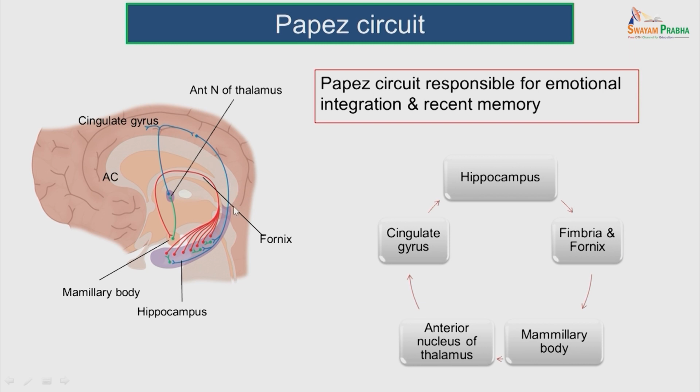Again from there it is coming back to the hippocampus. So, that is why it is called a circuit: from hippocampus to the mammillary body, anterior nucleus of the thalamus, cingulate gyrus and back to the hippocampus. So, this circuit or this connection among these structures plays a major role in the emotional integration and recent memory.